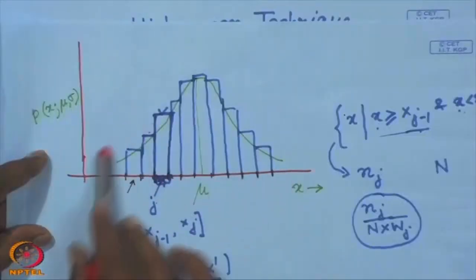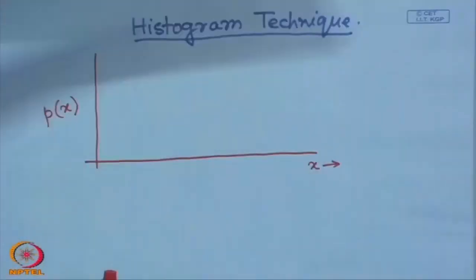The width of different intervals may be the same, or may also be different. In general, different intervals will have different widths, but for simplification we can make all the widths the same. Okay. So, this is the kind of situation that we had.